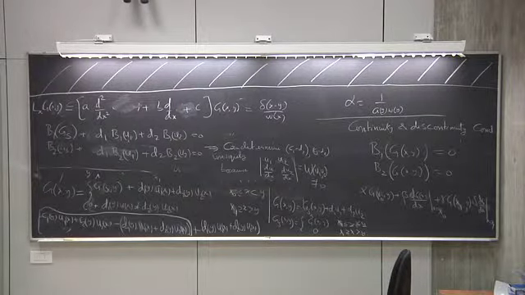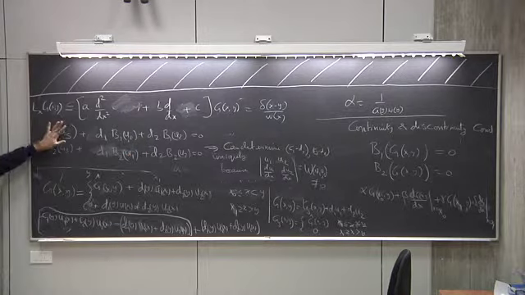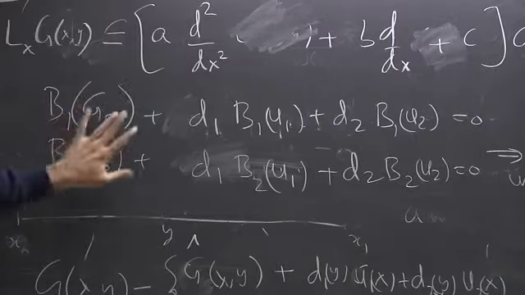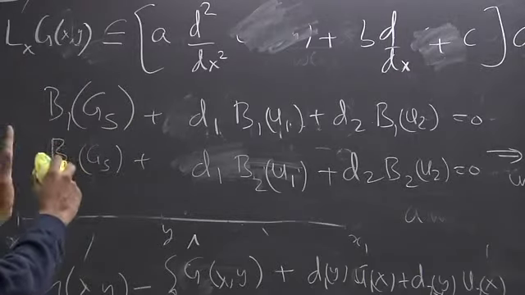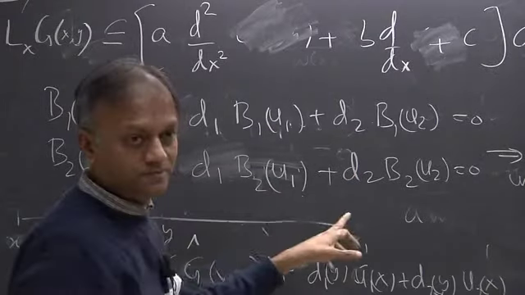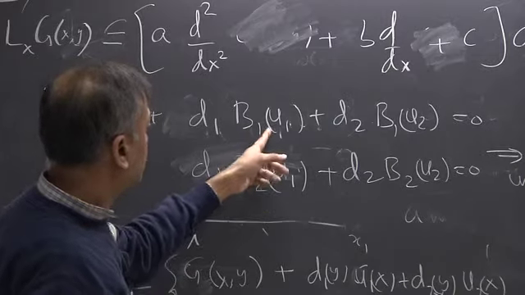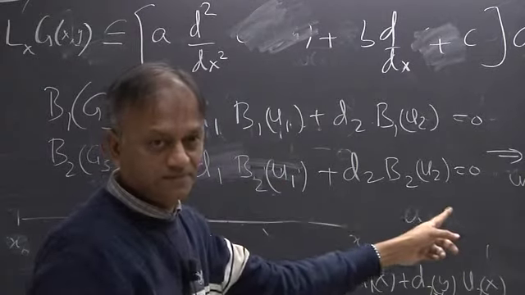Now we want to use this equation to determine d1 and d2. This part is fixed because gs is completely fixed; there's no arbitrariness here. That is fixed for a given problem, so the only unknown quantities are d1 and d2. We have two equations, and you can find a solution provided this determinant does not vanish.